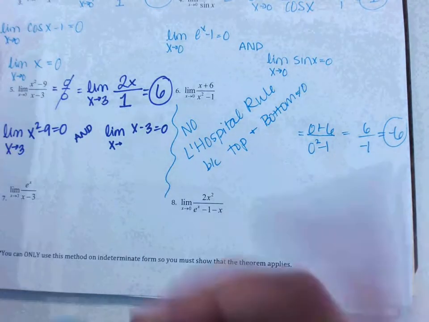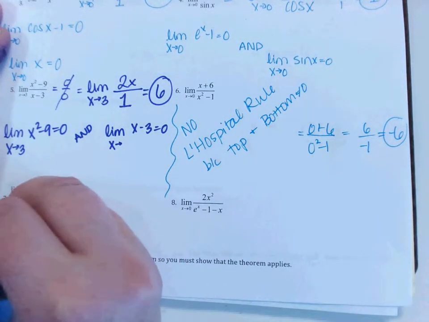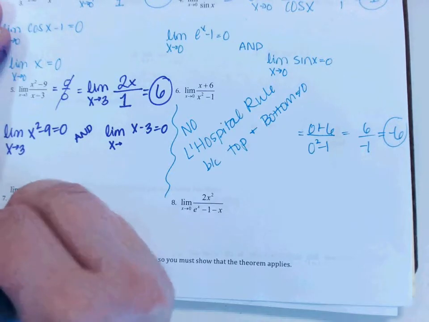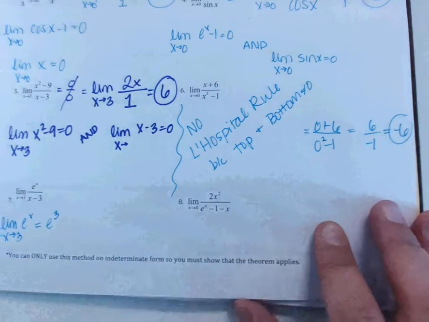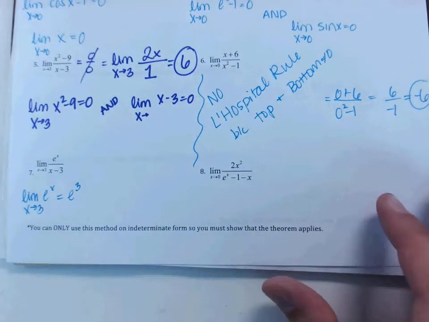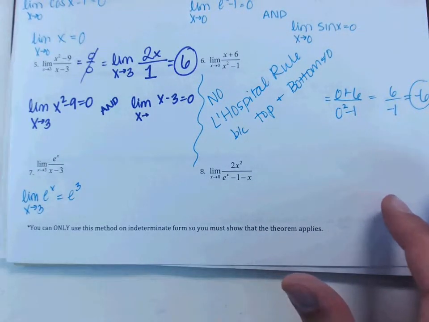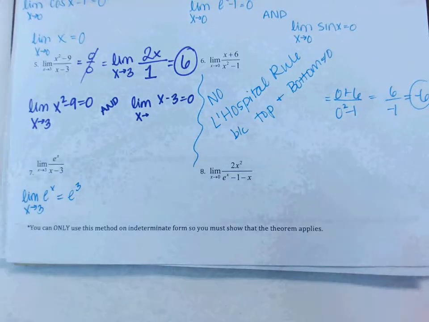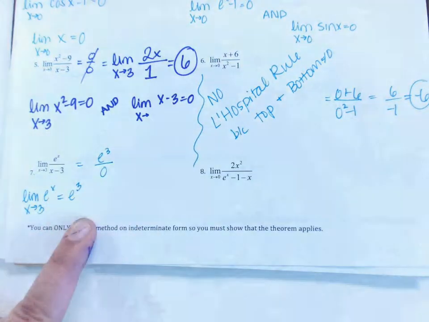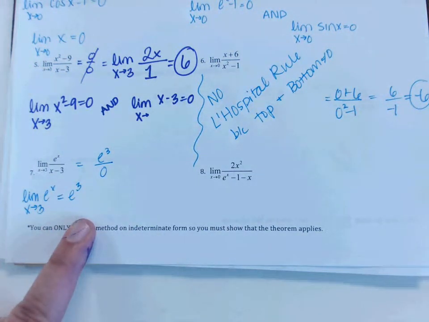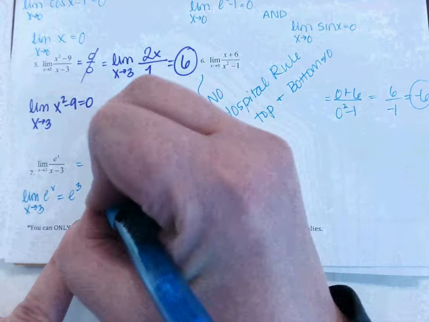On the top, my limit as x approaches 3 of e to the x is e to the 3. You may not know what e to the 3 is, but is it 0? No, then no L'Hopital's rule. You have to get 0 both on top and on bottom. So that would be e to the 3 over 0. That is not allowed, so what's your limit?